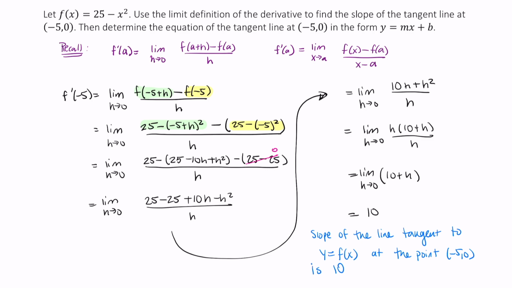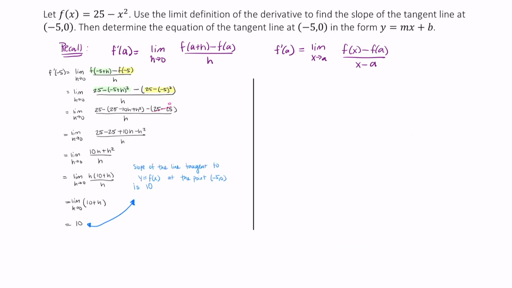Okay, now let's look at the second part of this problem. That is, let's actually find an equation for the line tangent in this form. All right, as you can see, I just scooched over all the work and left us some space here. So I know that my slope of this tangent line is 10.